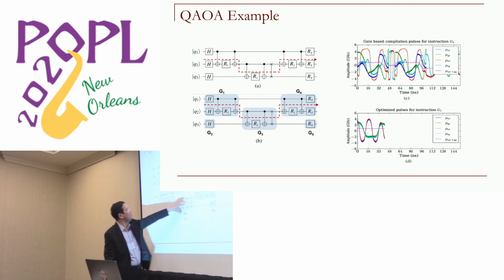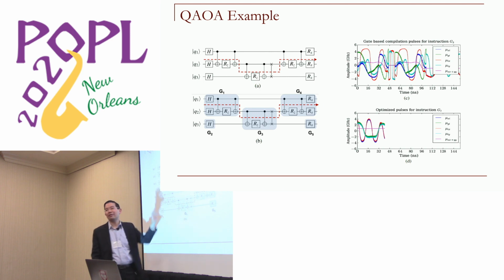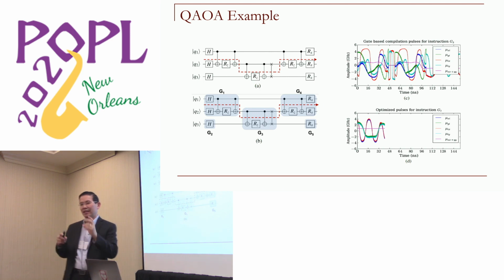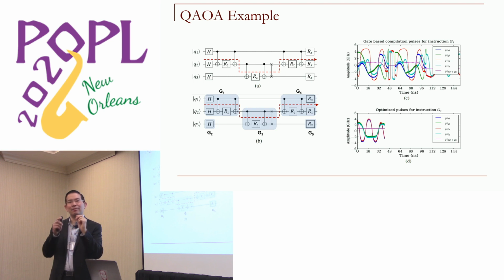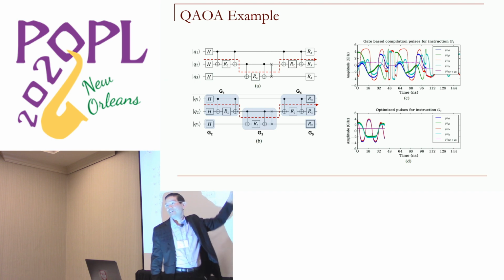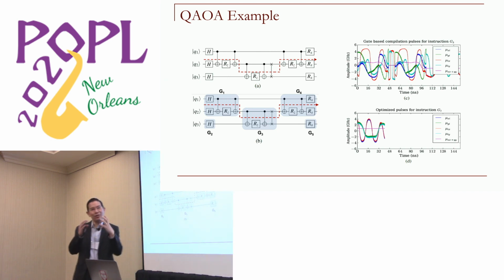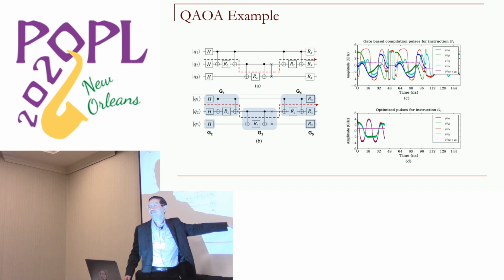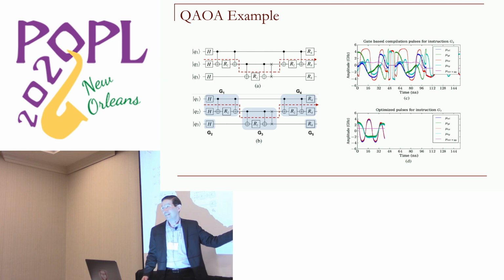If we take this little piece here and do it the old way, we generate each gate as a pulse implementation independently and concatenate them, and we get a thing that looks like this. If instead we give that whole thing to the pulse generator and have the optimizer do it all at once, we get a thing that looks like this. So what you see is much shorter and simpler.